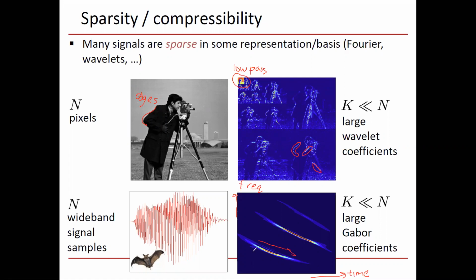But overall, the large majority of these Gabor coefficients are dark blue, close to 0, and we only have these 3 different regions where we have some larger Gabor coefficients. So once again, K large coefficients, and the overwhelming majority of the coefficients are going to be close to 0.